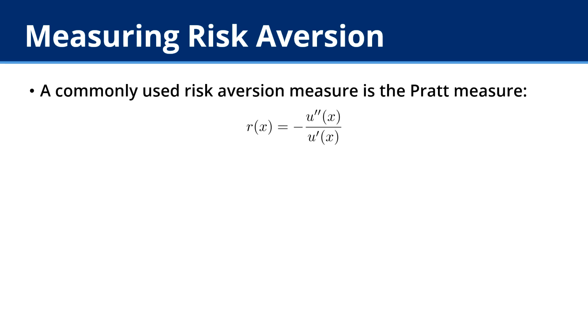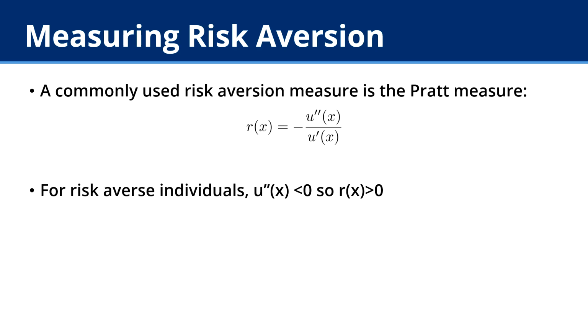Since for risk averse individuals the second derivative of the U function is negative, this parameter will end up being positive. Again, we have this negative symbol here. Since the numerator is negative for a risk averse individual, the entire parameter then becomes positive. So for a risk averse individual, this value will basically be positive.